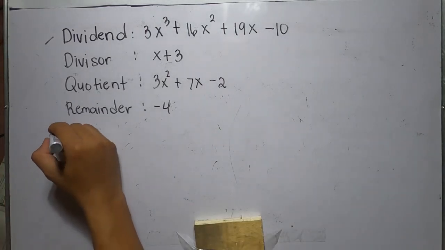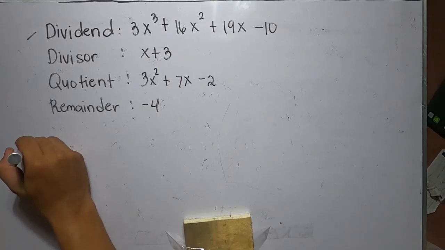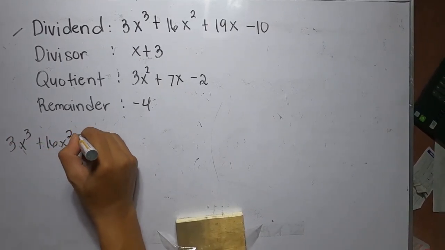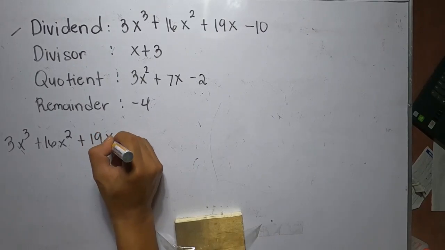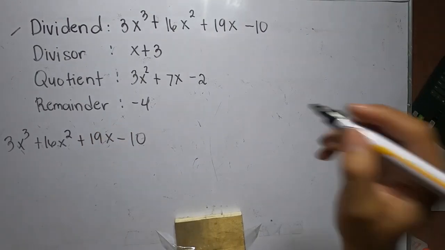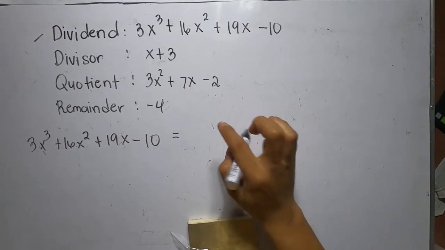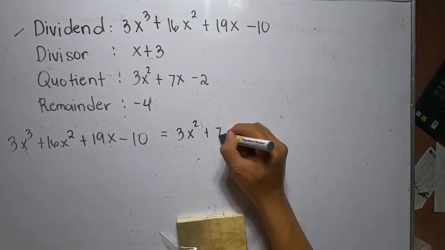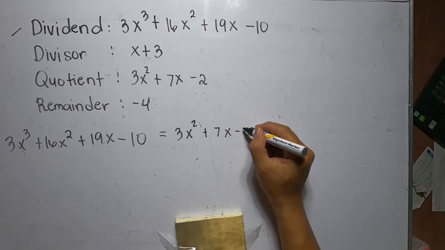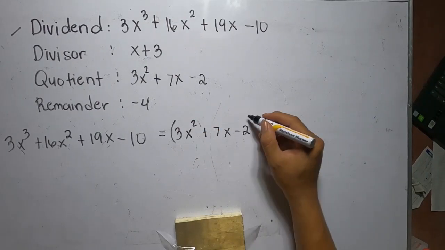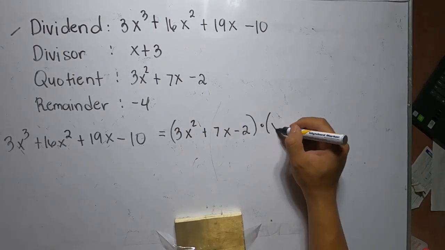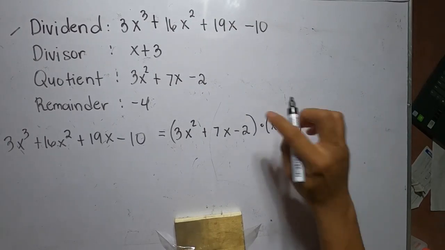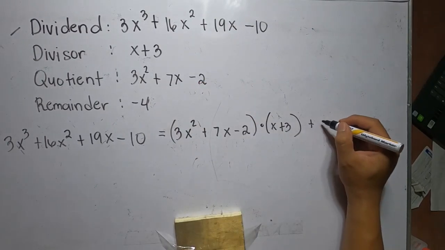That is, the dividend, which is 3x cubed plus 16x squared plus 19x minus 10, should be equal to the product of the quotient, which is 3x squared plus 7x minus 2, multiplied by the divisor x plus 3, added by negative 4.